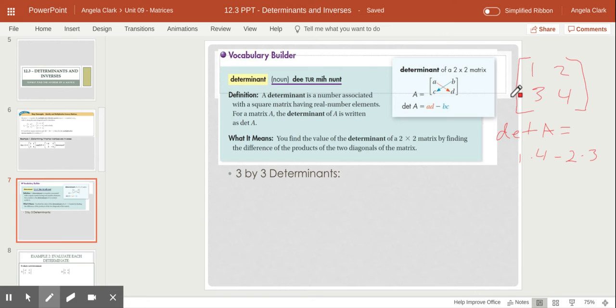So that's 4 minus 6, negative 2. So the determinant of this matrix would be negative 2. Again, you just multiply this diagonal minus multiply this diagonal.